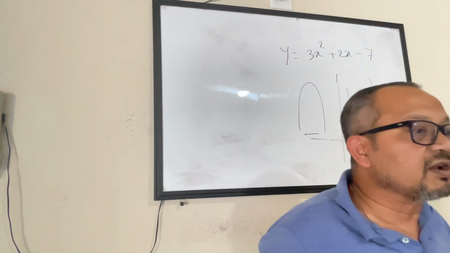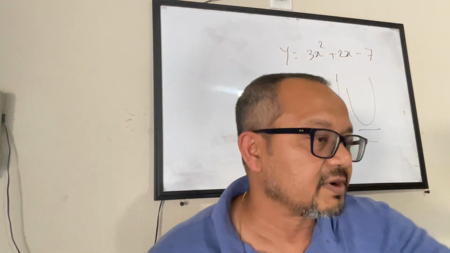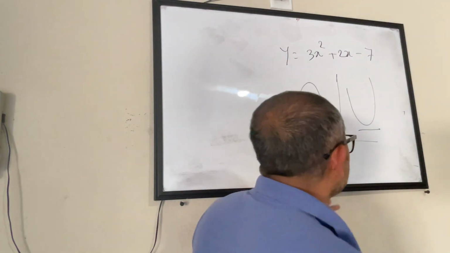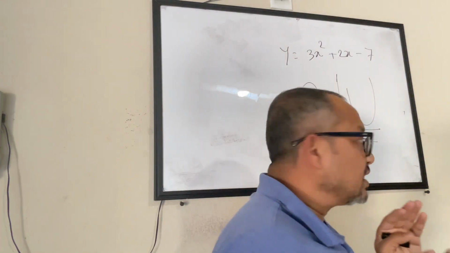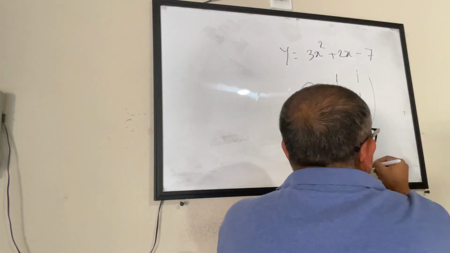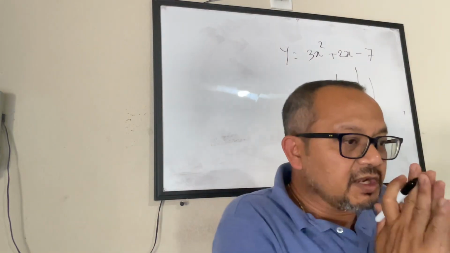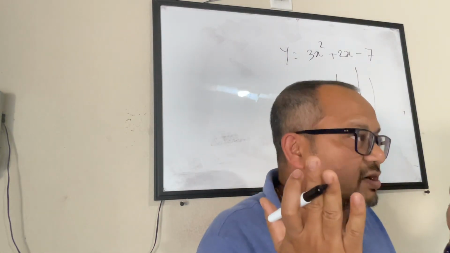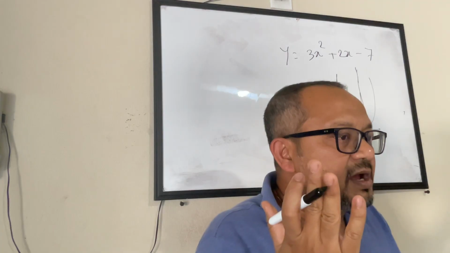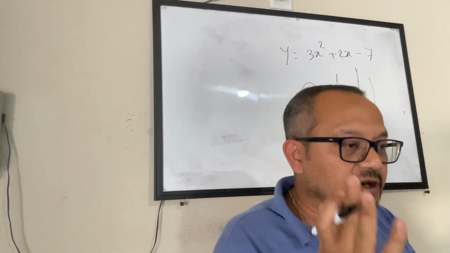Now, let's look at some of the properties of the parabola. If I'm looking at a parabola, what are the things that I need to be aware of? First of all, a parabola has one unique thing about it. There's something called a line of symmetry. Meaning, you can literally break the parabola into two equal parts. And that will be this line, which will break the parabola into two equal parts.